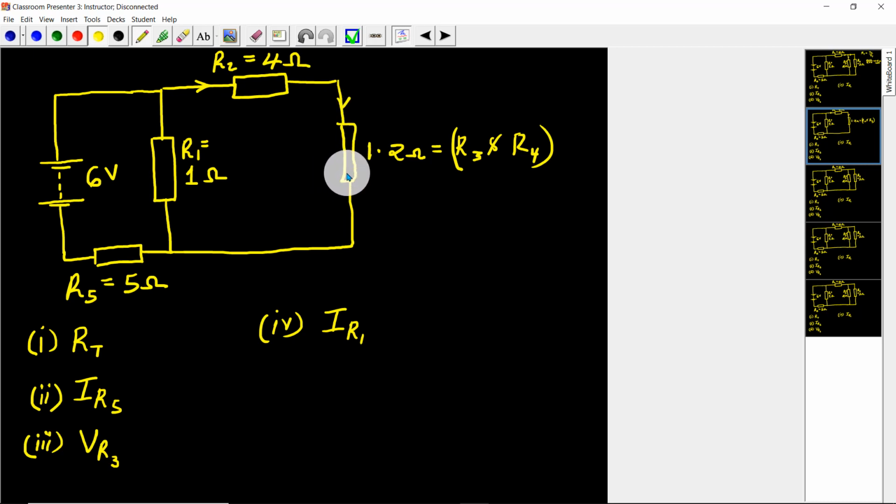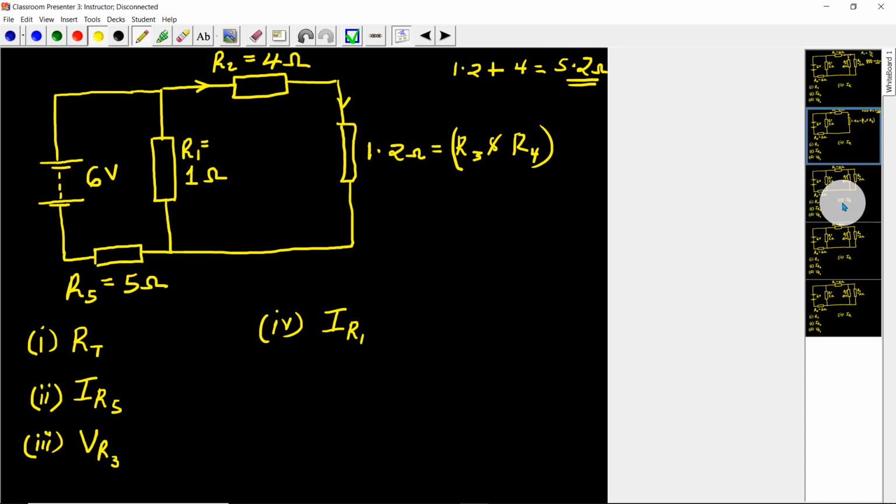Since they are in series, I can just directly combine R2 and the 1.2 ohm resistor to get one resistor which will represent this and that. That is when I get 1.2 ohms plus the 4 ohm resistor, and I get 5.2 ohms.